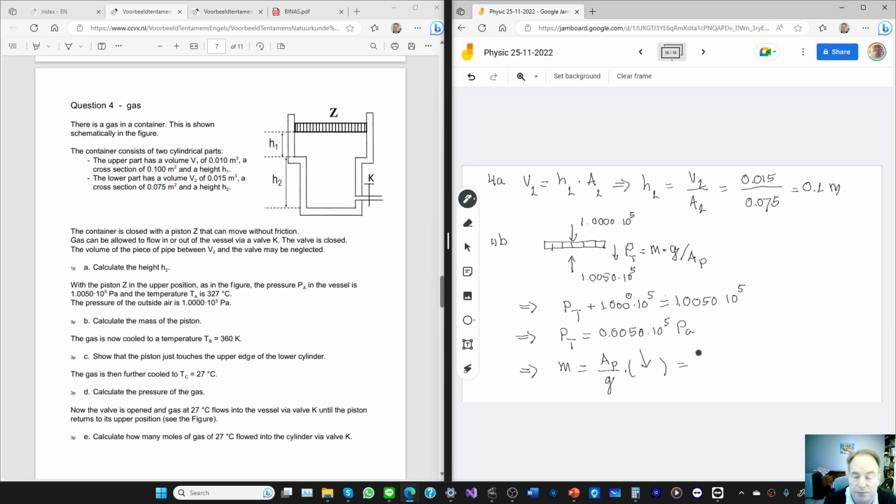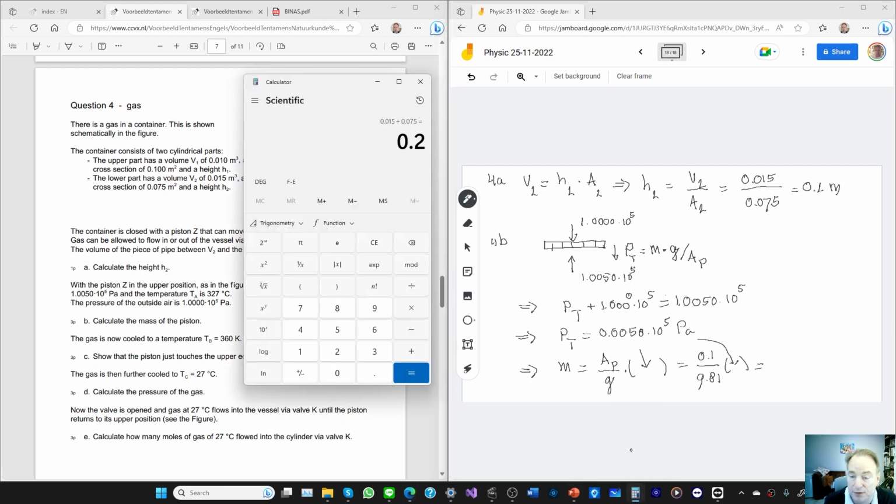So that's in square meters, 0.1. And here we take 9.81. Now I can calculate it. 0.1 times 0.005 times 10 to the power 5 divided by the gravitational constant.